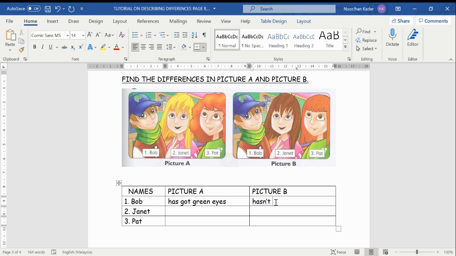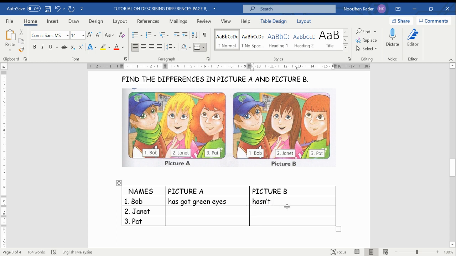Because picture B is the correct picture, we compare picture A to picture B, and whatever is wrong is from picture A. So when you write, always make sure that picture B is the correct picture, and compare to picture B. When you compare, you can see that Bob actually has got blue eyes in picture B. So we have to say hasn't.